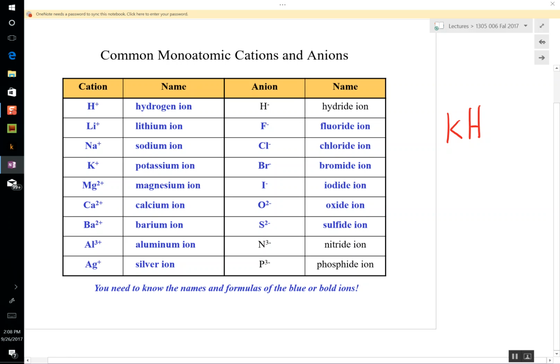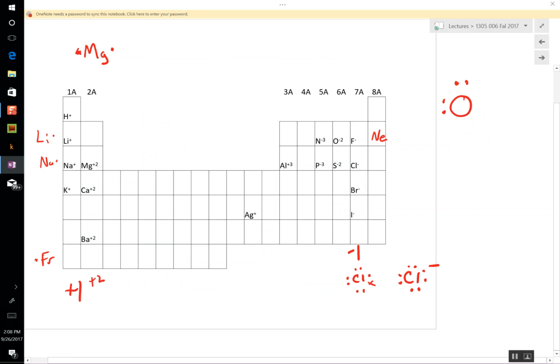And to go from simpler, the first one was the simplest situation, dealing with the elements that have a very predictable charge when they go into an ionic compound. And so that's what I tried to do here and on the next slide. This slide and the next slide.